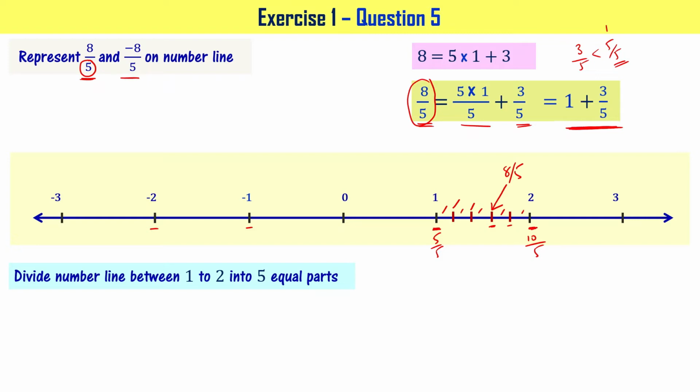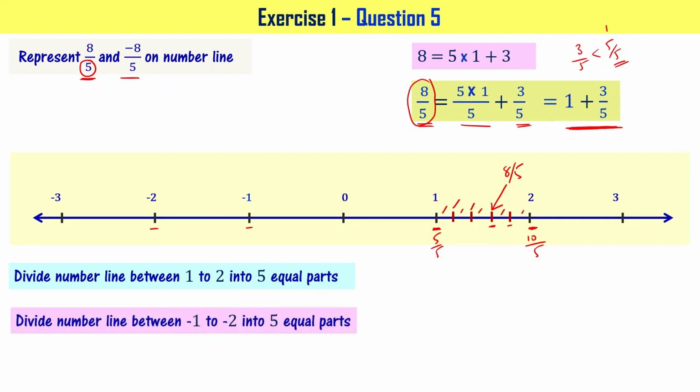So to mark minus 8 by 5 on the number line, I'm going to divide the number line between minus 1 and minus 2 into 5 equal parts. I made 5 equal parts by marking 4 dots here, or 4 lines here in the red color. Now look at this. Minus 2 can be written as minus 10 by 5, right? Minus 1 can be written as minus 5 by 5. It means this is minus 8 by 5.